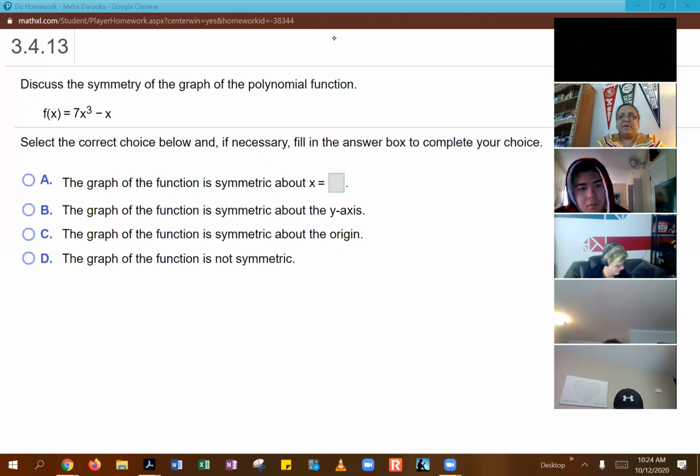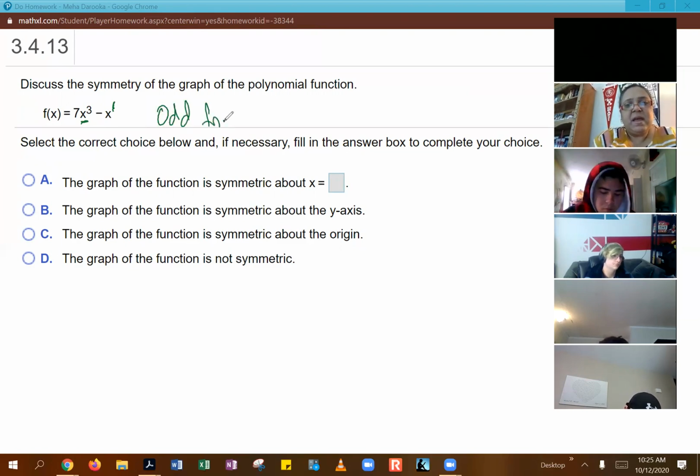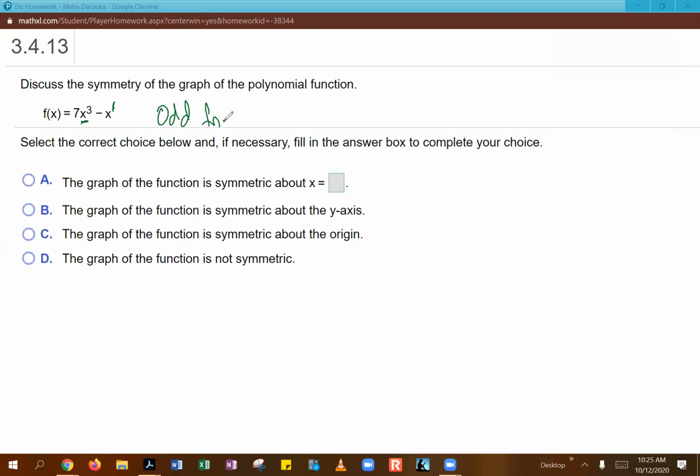Yeah, very nice, because you do have 7x to the third power, so we know that is an odd number. The x by itself, of course, has an exponent of 1. That is also an odd number, so this is going to be an odd function. And odd functions have what kind of symmetry? Symmetry about the origin. Very nice, yeah, odd goes with odd, so symmetry about the origin.